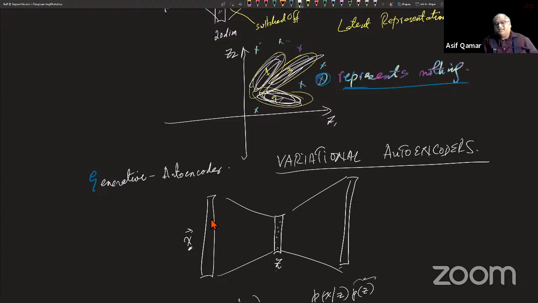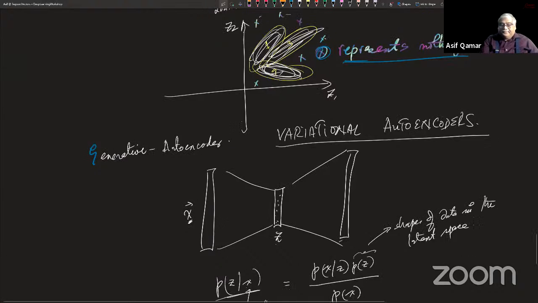So in a way, the probability of Z gives you the shape of data in the latent representation space.